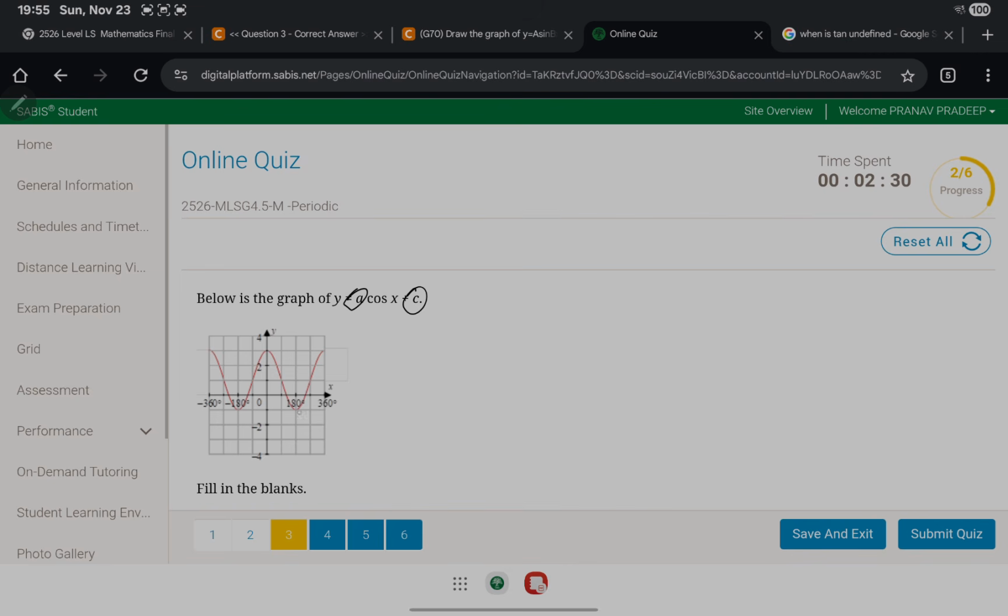So here, what can we figure out? Okay, here it goes up. It does not start from y equals 0. And I'll explain.